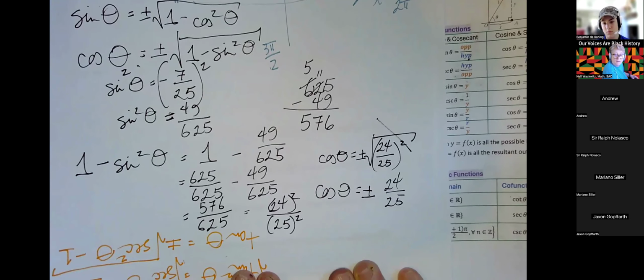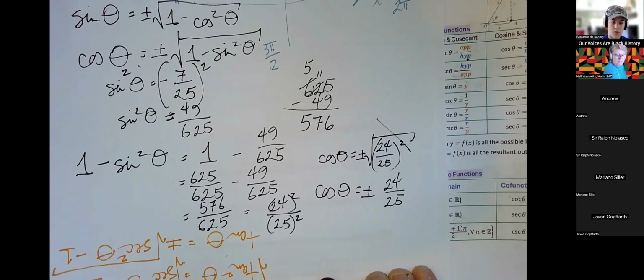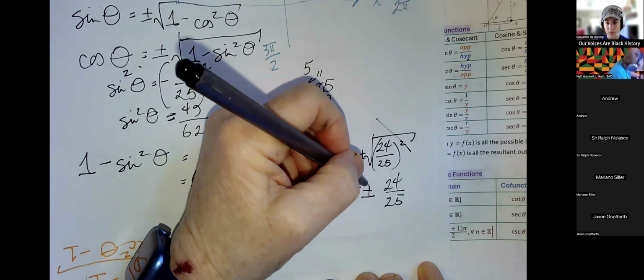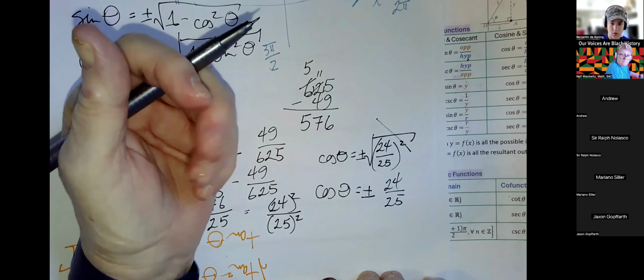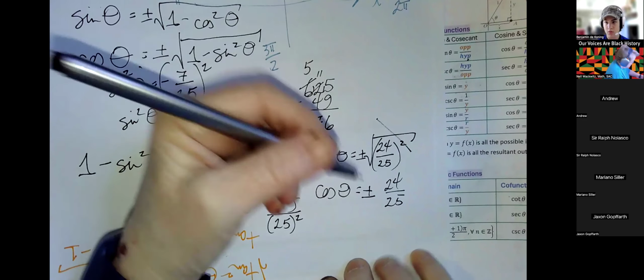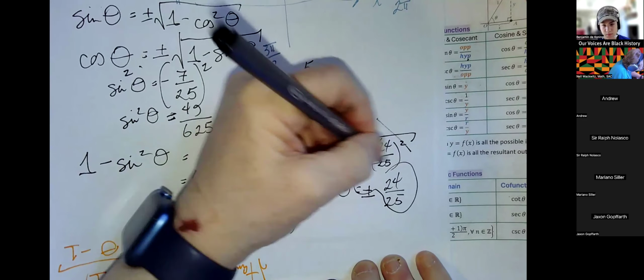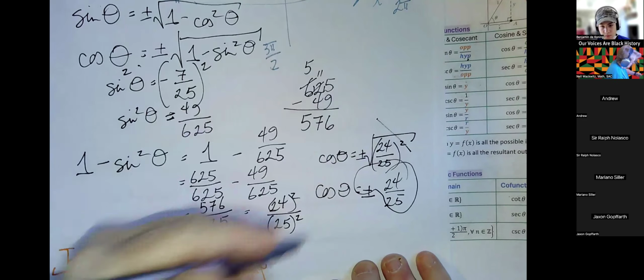But where are we? Which quadrant are we in? Quadrant 4, which is positive negative. That's right. So which one goes with cosine? Cosine goes with x. That's right. So we found that the cosine of theta would be 24/25.